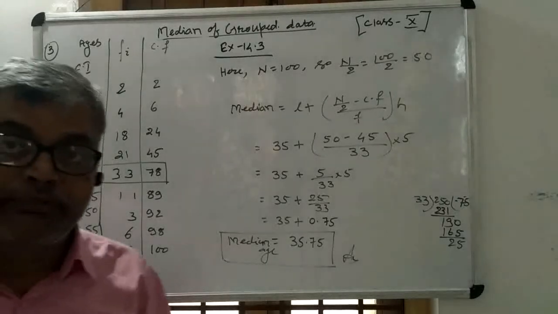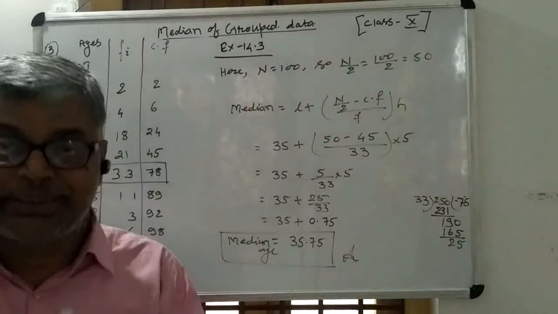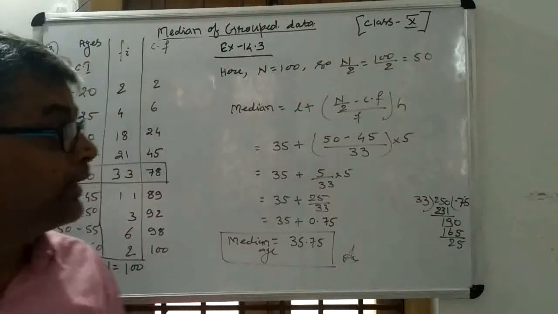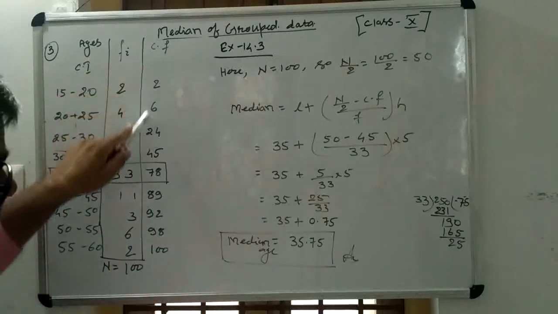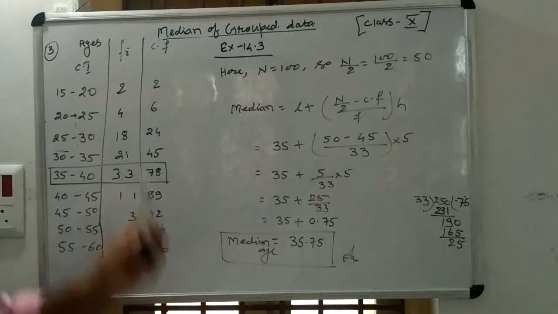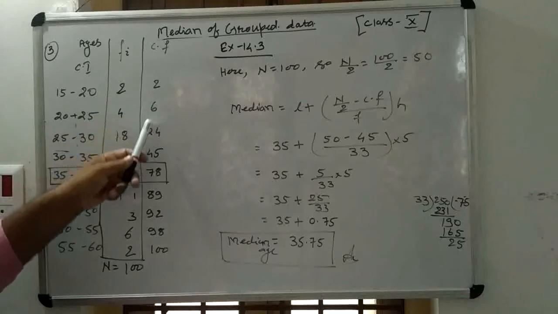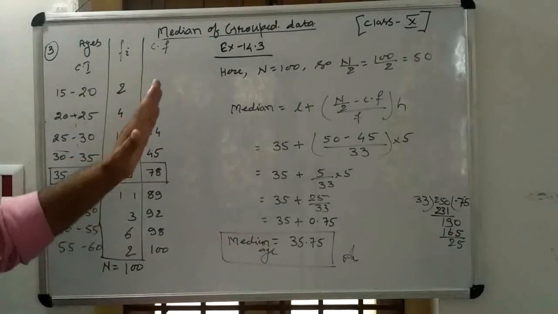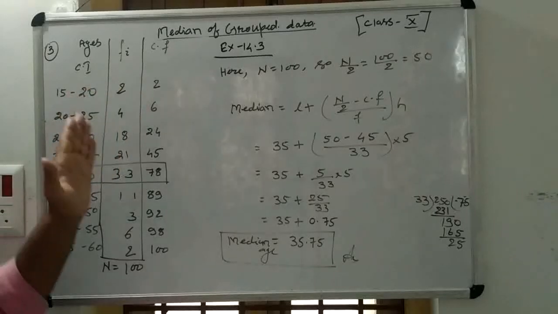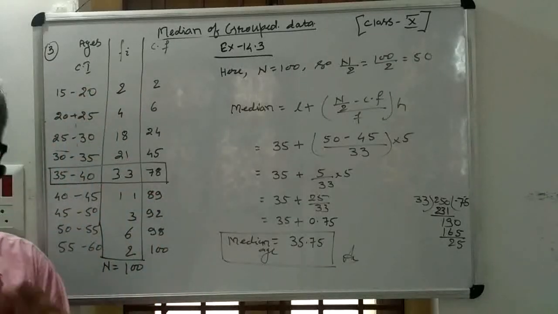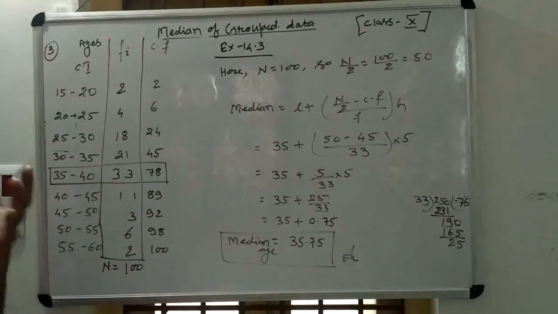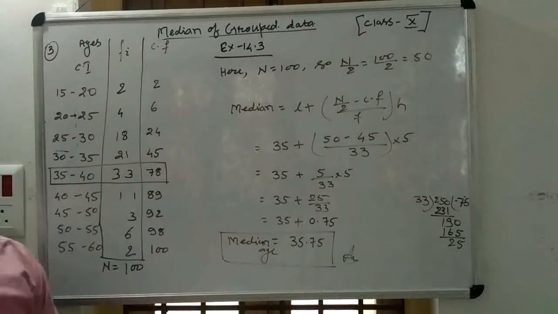And what we have seen is the frequencies are given in ascending order only. So it is not simple frequency, it is cumulative frequency. So we put the given values in the cumulative frequency column, and from cumulative frequency we need to calculate the frequency also.